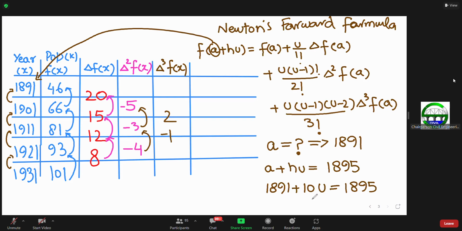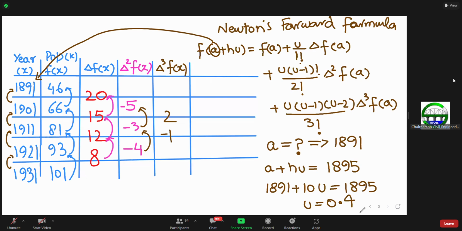Yes, this is the factorial symbol. This is not 11, this is 1 factorial. I write 1 factorial just to make the pattern, so it will be easy to memorize. Okay, most students said u is equal to 0.4.